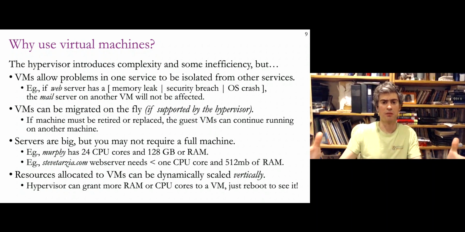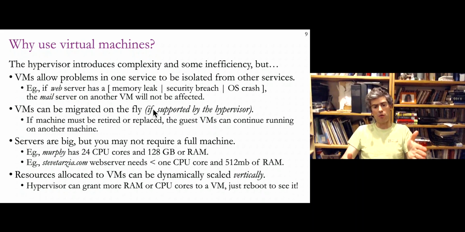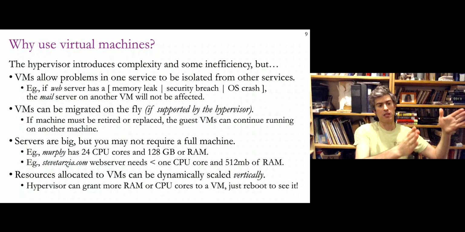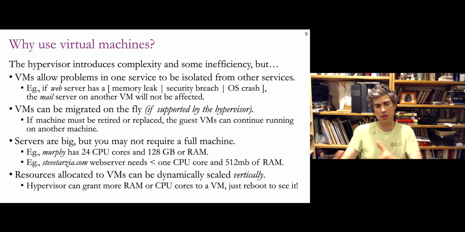That will use up all the memory on the machine, and the mail server will be left with no memory to use, and so both of these servers will stop functioning. If we're using virtualization, we would say half the memory is dedicated to the web server virtual machine, and half the memory is dedicated to the mail server virtual machine. Once the web server uses up its allocated memory, it stops working, but the mail server will still have its half the memory available.